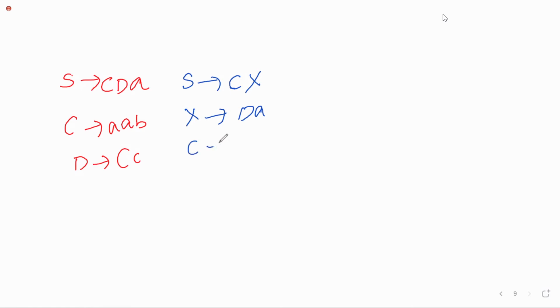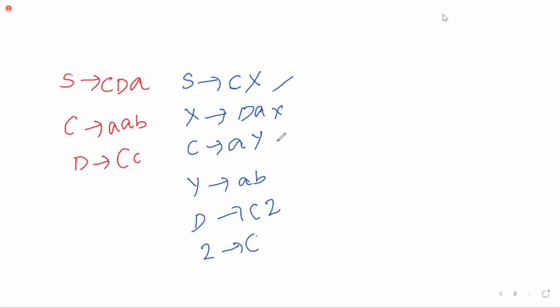Next, C tends to AY. Y tends to some AB. Okay. Next, D tends to some CZ and Z tends to C. It is in CNF, not in CNF, not in CNF, not in CNF, already in CNF.